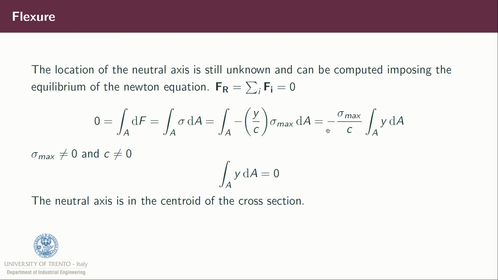Since sigma max and c are independent from the area, we can bring them outside and find out that minus sigma max over c times the integral over the area of y dA must be equal to 0. And since sigma max is different than 0 and c is different than 0, we have that the integral over the area of y dA is equal to 0. And this is true if the neutral axis is in the centroid of the cross-section.